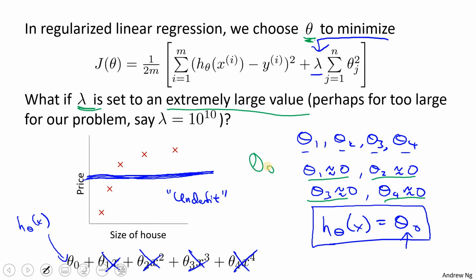Remember, for example, if theta 0 is equal to 5, it will become a straight line which will cut the y-axis. Theta 0 is the y-intercept, so it will cut the y-axis at 5.